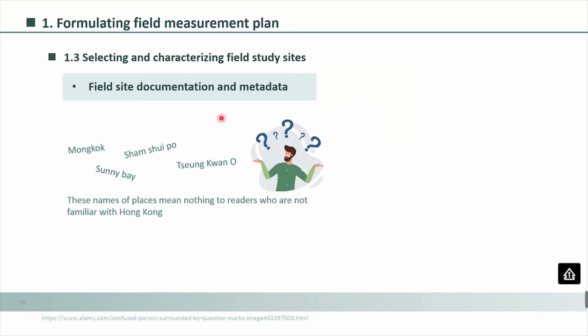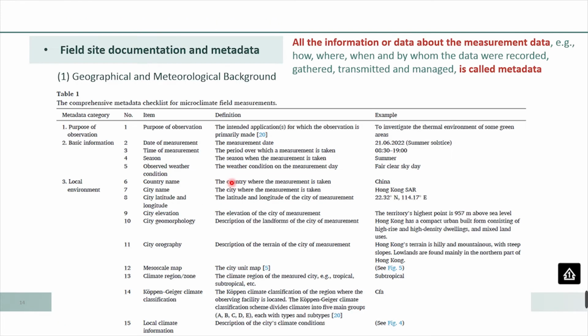And the other important point is the field site documentation and the metadata. I have to say in a paper, if we only describe the field site by their names, that is not enough. So for example, if I tell you I did some tests in Sunny Bay, Shatin, and Jiangguanao, I think these names of places mean nothing to you because you're not familiar with Hong Kong, right? So for this point, our guideline paper provides a metadata checklist. According to the WMO guideline, all the information or data about the measurement data, we call it metadata.